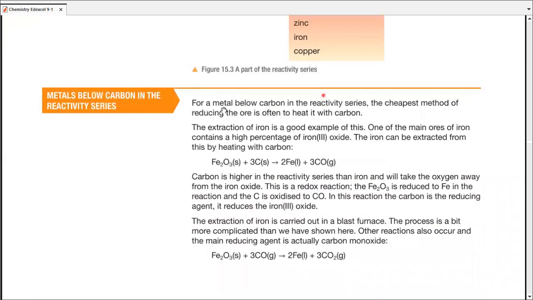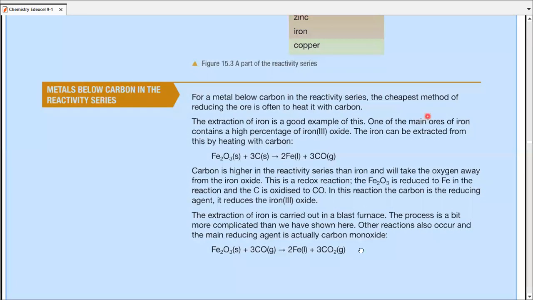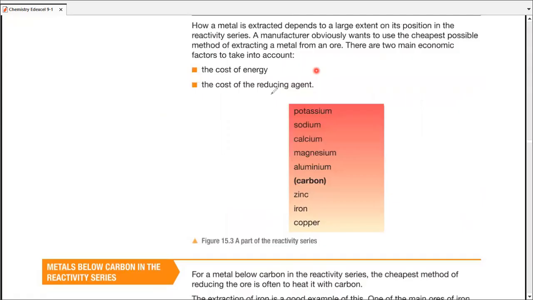Now, for a metal below carbon in the reactivity series, the cheapest method to reduce the ore is often to heat it with carbon. Carbon is present on Earth in very good abundance. That's why carbon is very, very inexpensive. So, if I quote this example, I literally give you the idea of the cost of the reducing agent.